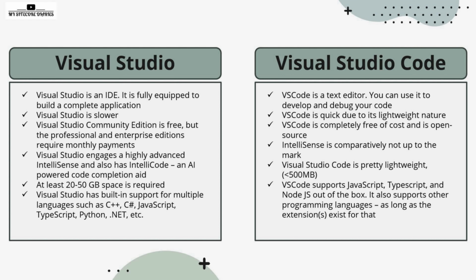So this is a very high level difference between Visual Studio and Visual Studio Code. When you hear that we are using Visual Studio and we are using Visual Studio Code, remember though the things are different. Visual Studio is more an IDE, whereas Visual Studio Code is more a text editor. So this is the difference between Visual Studio and Visual Studio Code.